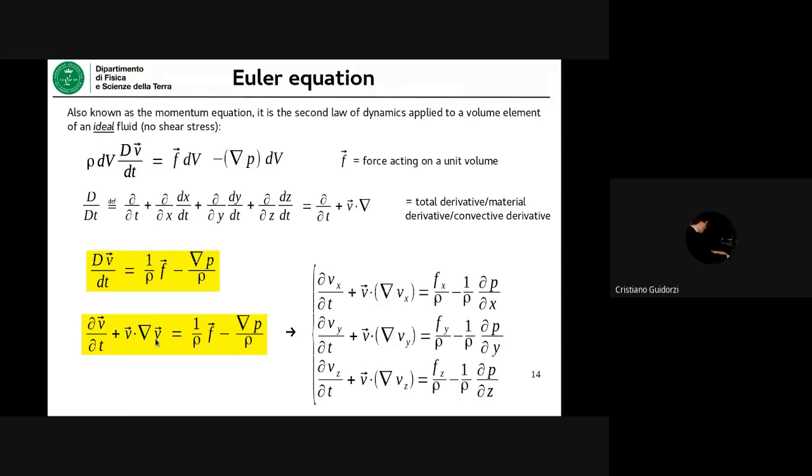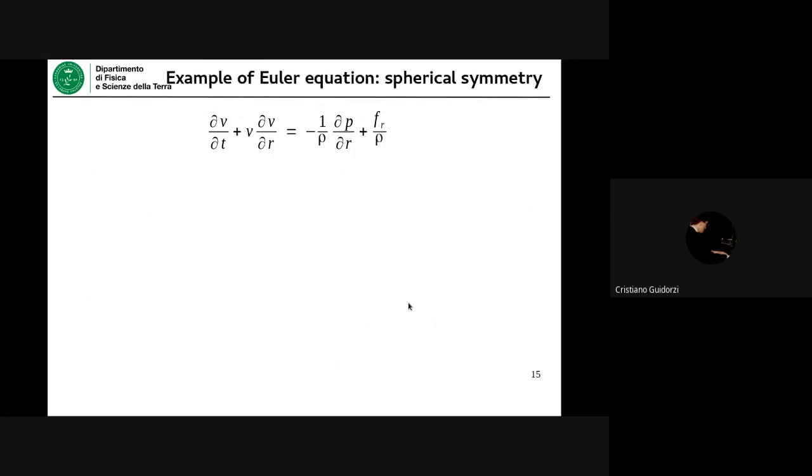There's no theta and phi dependence. So the only component which survives is the gradient of the radial component of the velocity. So in this case, the gradient is just dv over dr times v, where V is just Vr, the only component surviving, the radial component.